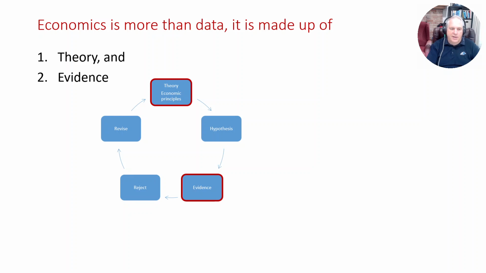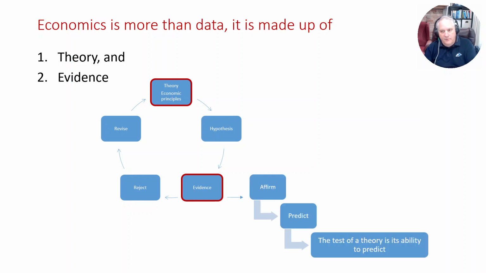Now, sometimes, though, we affirm that hypothesis in the sense that I'm using the hypothesis. I'm really talking about the alternative hypothesis that I have now affirmed. And if we can do that, then we predict. In the paradigm that we're using, the test of a theory is its ability to predict. So if I have a theory, let's call it the law of demand, and the law of demand has lots of evidence affirming it.